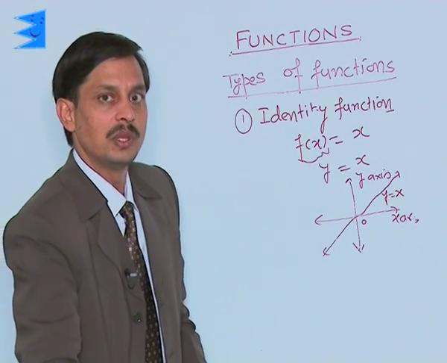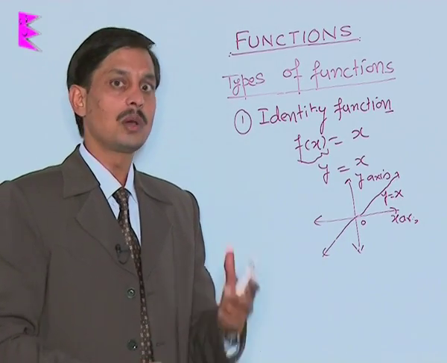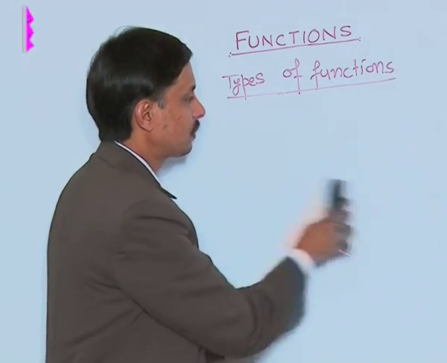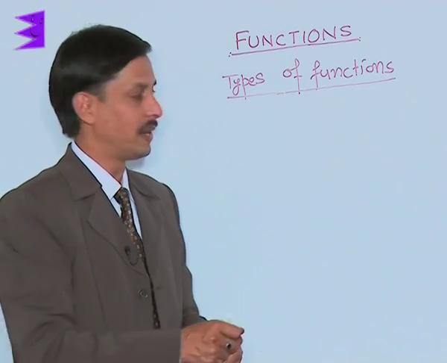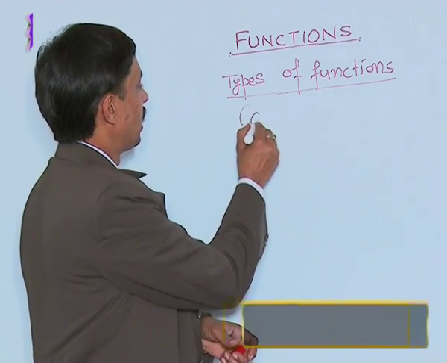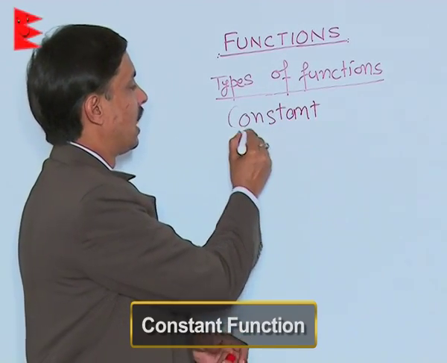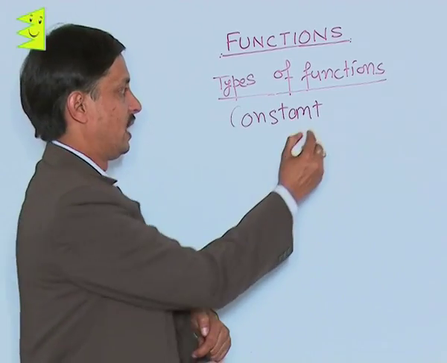Now I can discuss with you the second type of graph, that is known as the constant function. Again, the word constant itself is quite explanatory. It means that there is no variable on the right hand side.